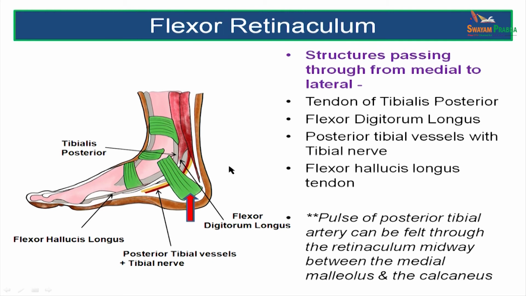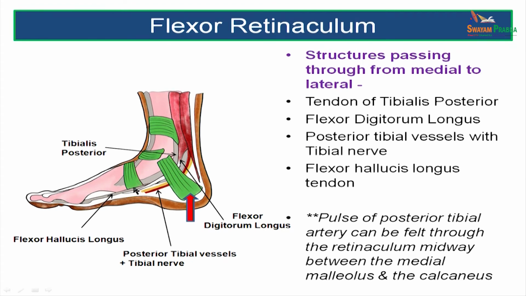Let's look at the structures passing through the tarsal tunnel from medial to lateral. First is the tibialis posterior tendon, then the flexor digitorum longus, then comes the neurovascular bundle, that is the posterior tibial vessels with the tibial nerve, and last is the flexor hallucis longus tendon.